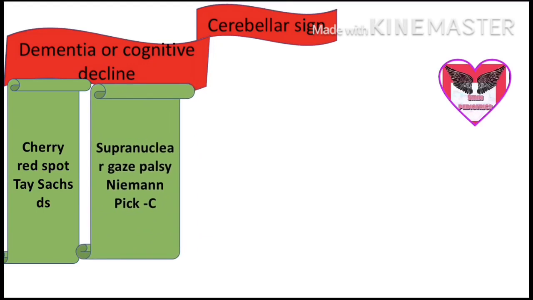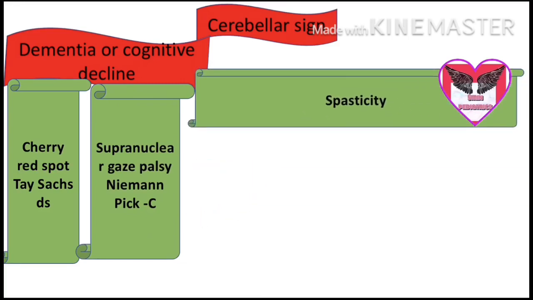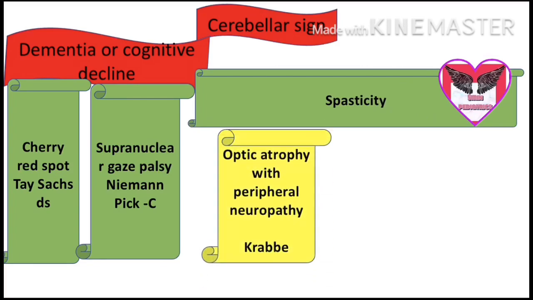If supranuclear gaze palsy is present with dementia with cerebellar sign, then Niemann-Pick C. And if spasticity is there with dementia with cerebellar sign, then optic atrophy with peripheral neuropathy, we have Krabbe.